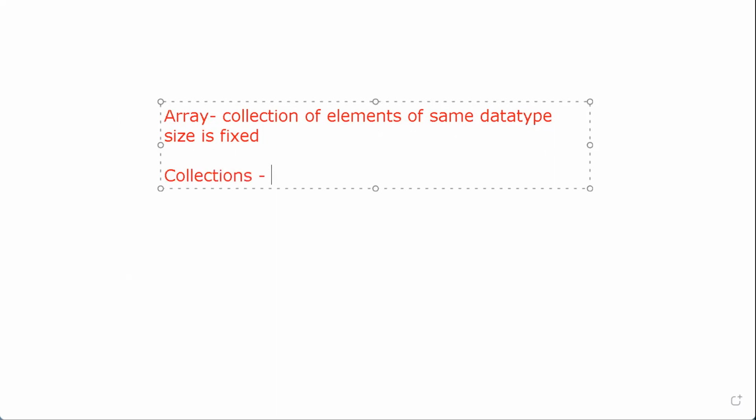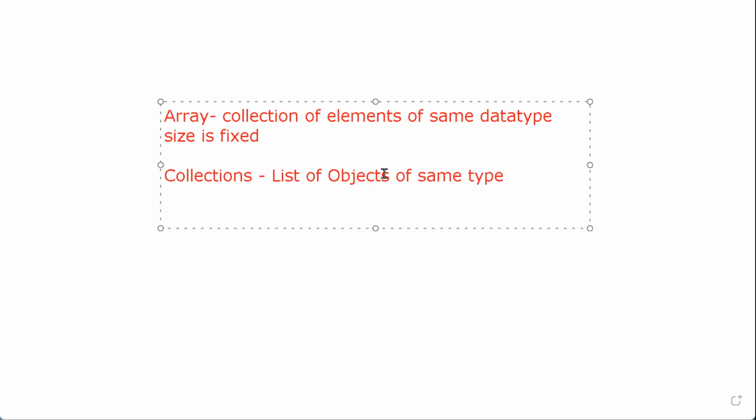So basically collections is also a list of objects. It is no more elements of a data type. Instead of data type, they have given a list of objects of the same type, same object, list of objects. So here we have three types of collections basically.